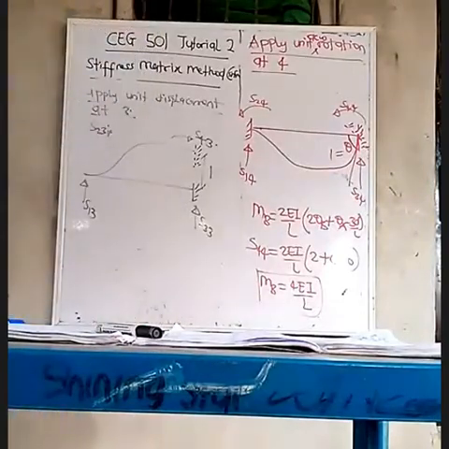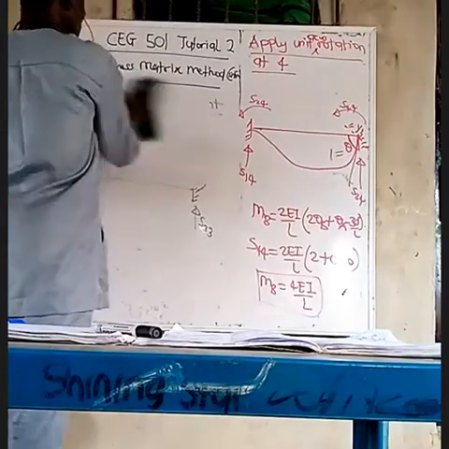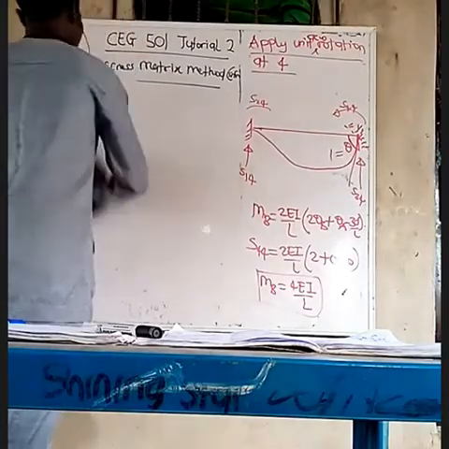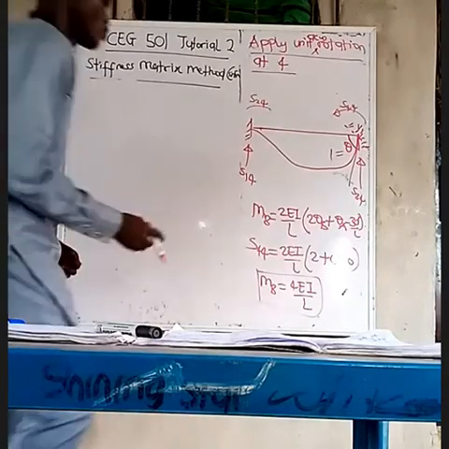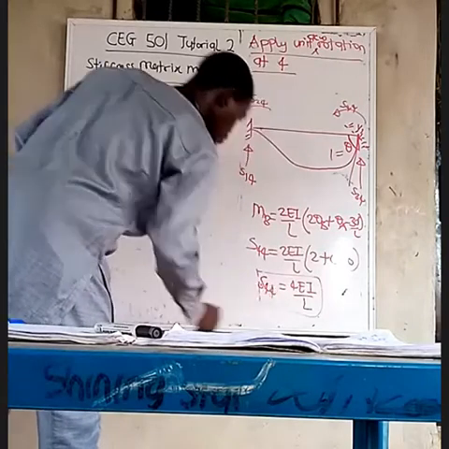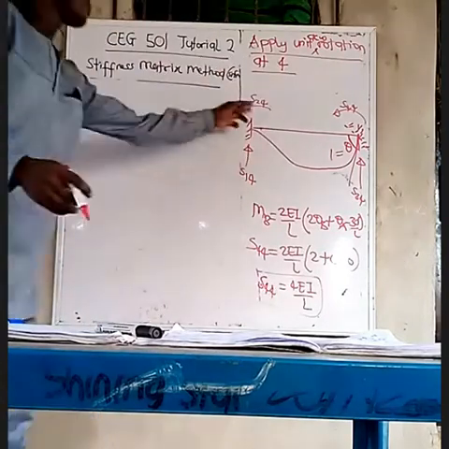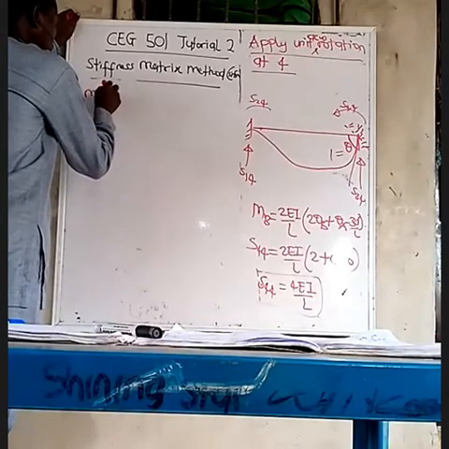The same way, 4EI over L. Why am I still putting MB here? F44, so 4EI over L. We apply the same for this one also.